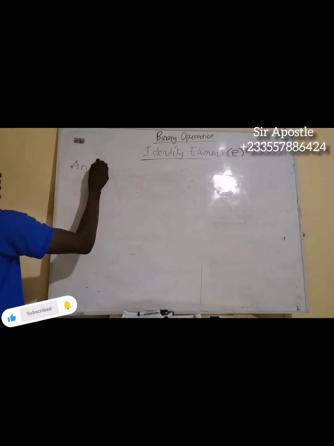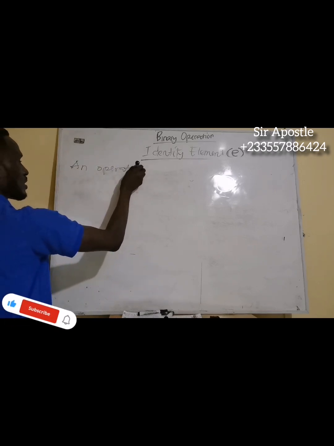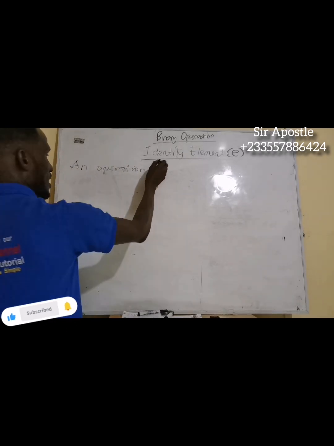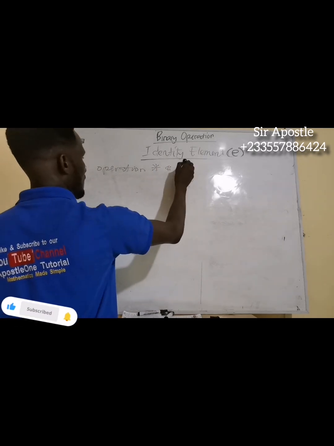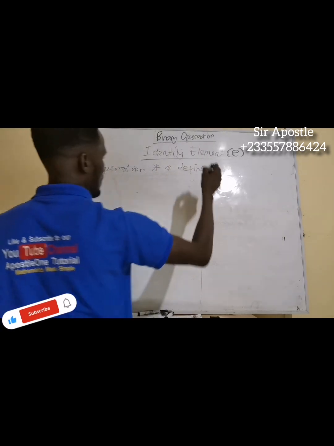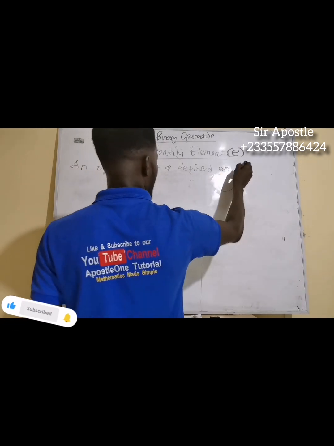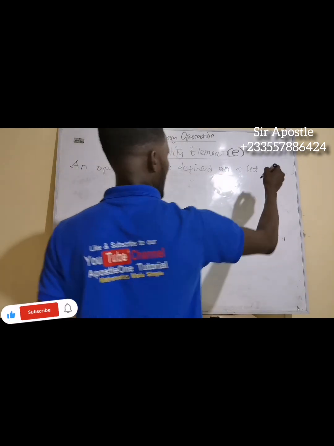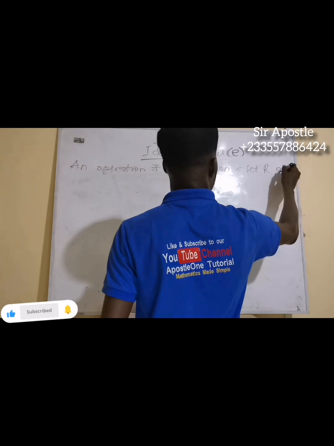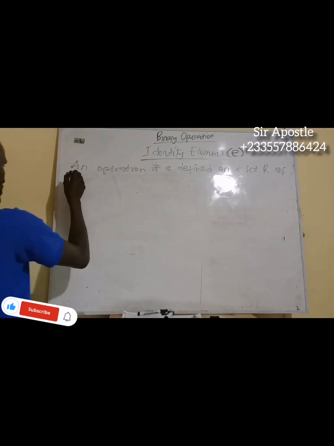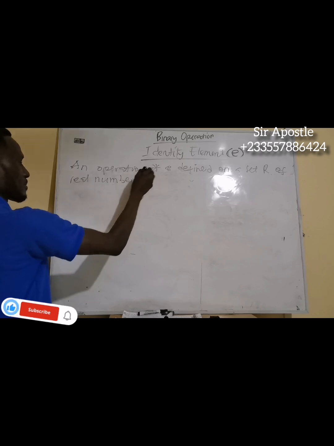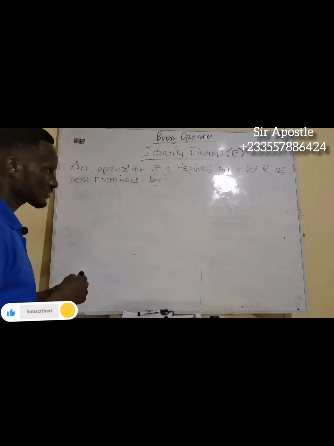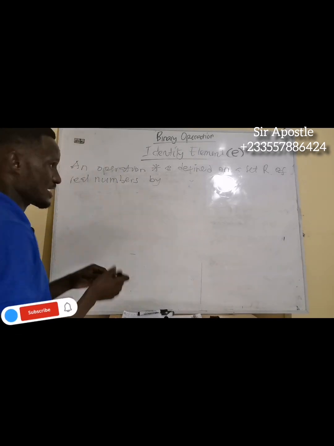Now, an operation asterisk is defined on a set R of real numbers by some rule.